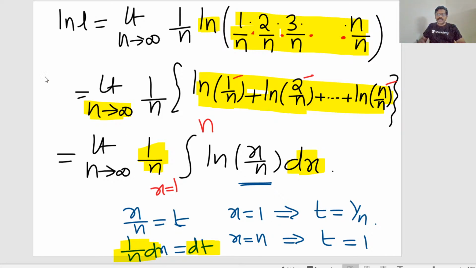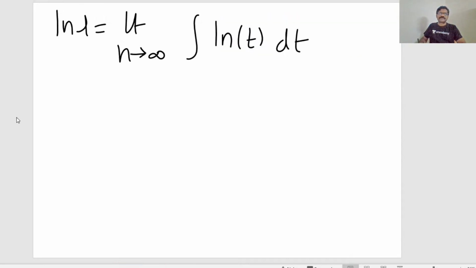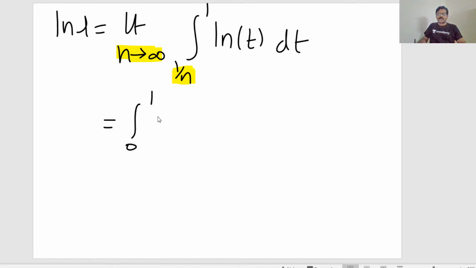So log x by n is log t, and 1 by n dx is dt. Right? When x is 1, t is 1 by n. When x is n, t is 1. So the limits are 1 by n to 1. When n is tending to infinite, 1 by n is tending to 0. That's why you will get integral 0 to 1 of log t dt.